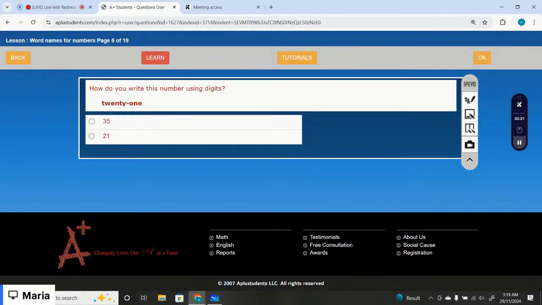How do you write this number using digits? Which is the correct option? 21.